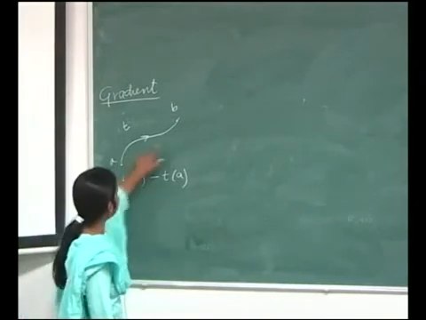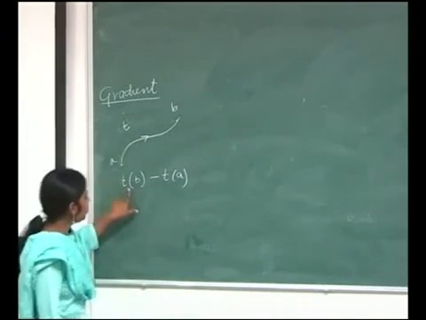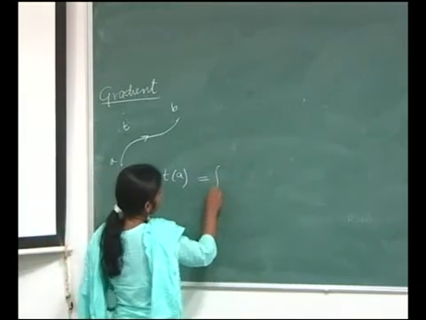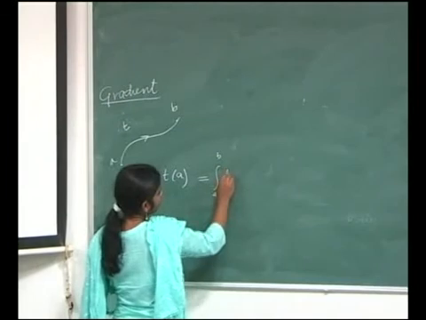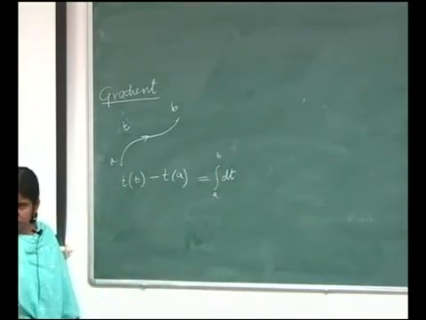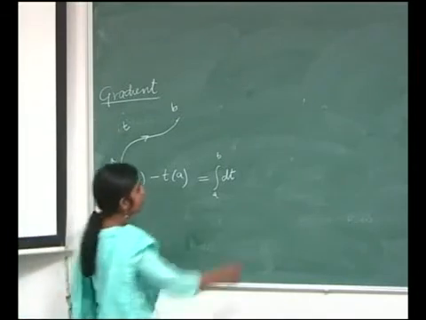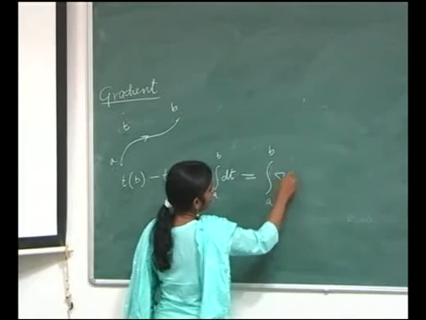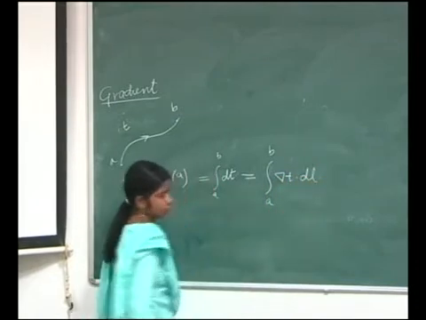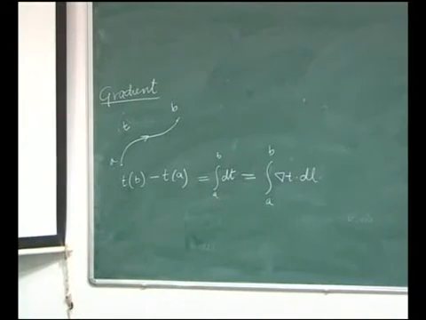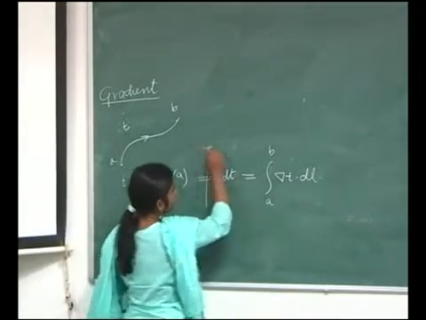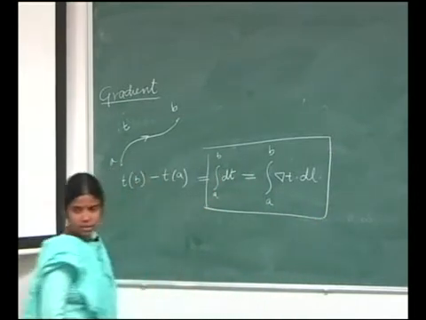If I move from A to B, the change in the scalar function t would be equal to Tb minus Ta. Okay. And this is equivalent to saying this is equal to the integral from A to B of dt. And from the gradient theorem, it is equal to the integral from A to B of del t dot dl. This theorem is the fundamental theorem of gradients.